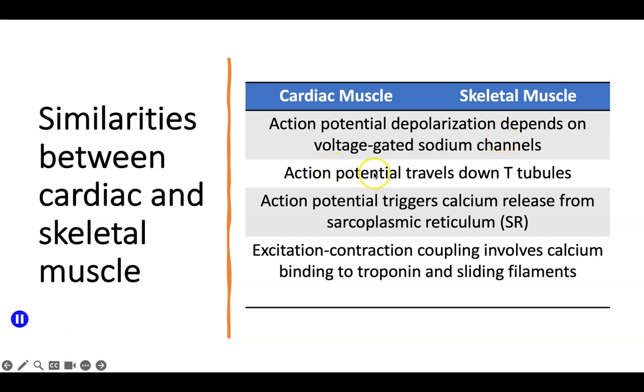In both fiber types, action potential is going to travel down T-tubules from the surface to the core of the muscle. Action potential triggers calcium release from the sarcoplasmic reticulum in both of these muscle types. And finally, excitation-contraction coupling is going to involve calcium binding to troponin, as well as sliding filaments.